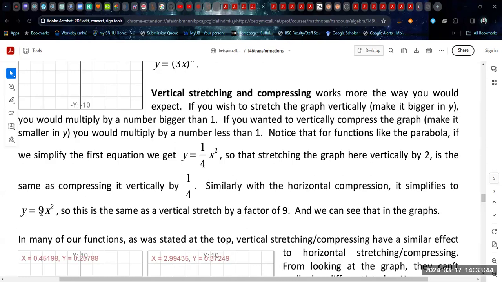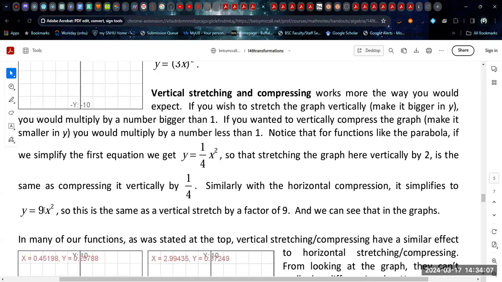If I distribute my square and I apply that, I get 9x squared. So again, this is essentially stretching vertically by a factor of 9. When x is 1, I'm not getting to 1, I'm getting to 9. So I'm stretching that y value. And again, a vertical stretch is essentially equivalent to a horizontal compression.